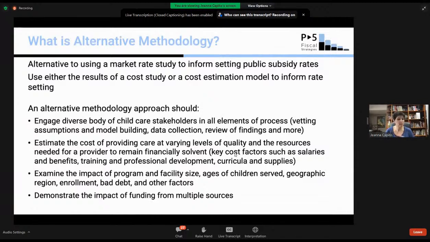Of course, there are elements of alternative methodology that aren't that different than the market rate, in that you have to look at the type of program, the size of the program, the ages of the children served, because serving infants costs more than serving preschoolers, right? All of those features are still analyzed as part of using a cost-based approach under alternative methodology, the same way you would under a market rate. But the basis of the information is on the actual provider cost, not on what they're able to charge families. That's the big switch that we're making here.